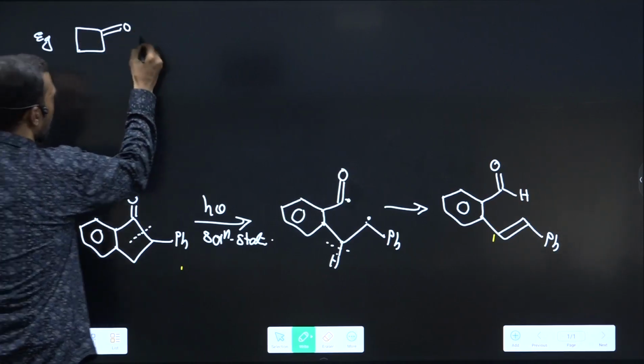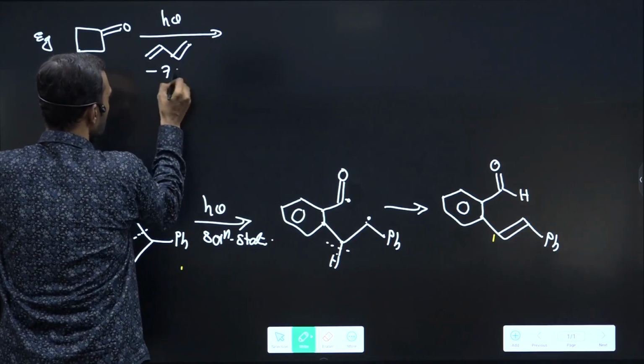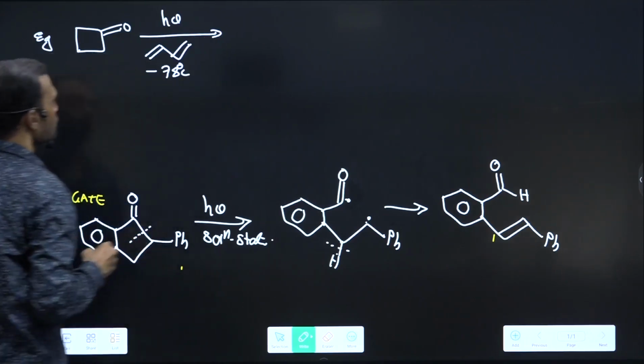This is a 4-membered ring. Photochemically, I am using a diene at minus 78 degrees centigrade. What is your answer?